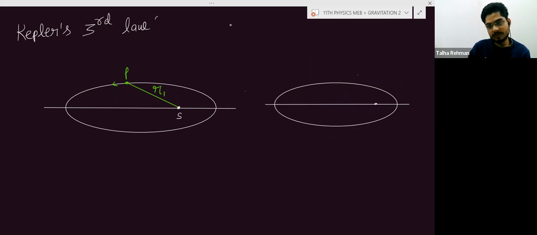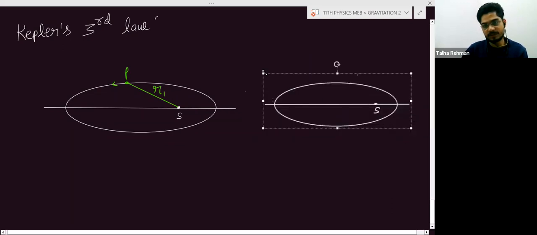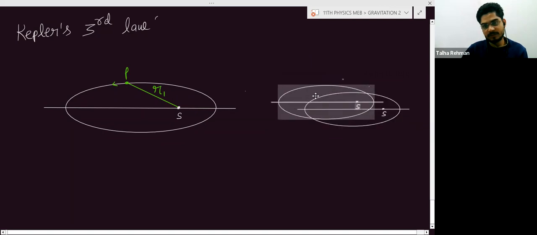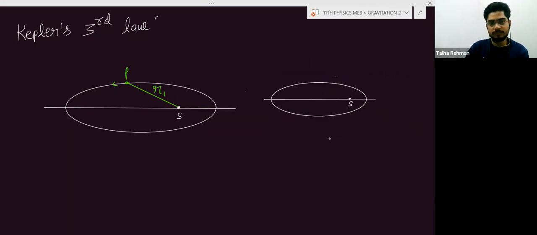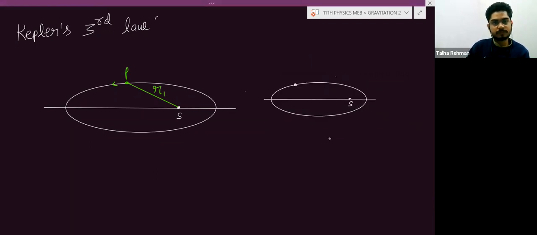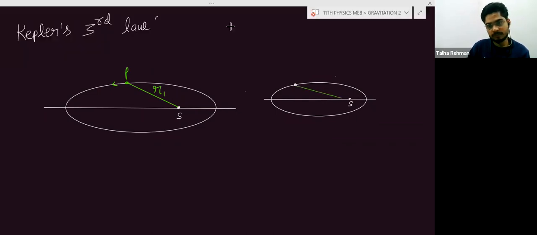Another planet is there, revolving in another, suppose smaller, orbit at a distance of r2.